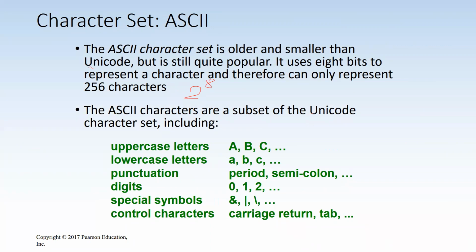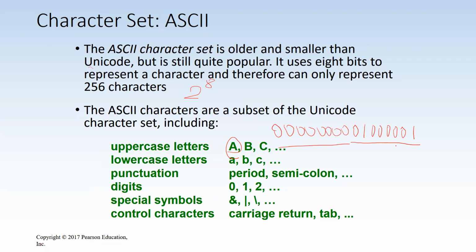It's a subset. So basically what it means is that if you want to represent a character originally using ASCII, let me think, A. A should be this. This is how the character A is represented. So ASCII would represent it like this. Unicode would simply add the leading zeros there.